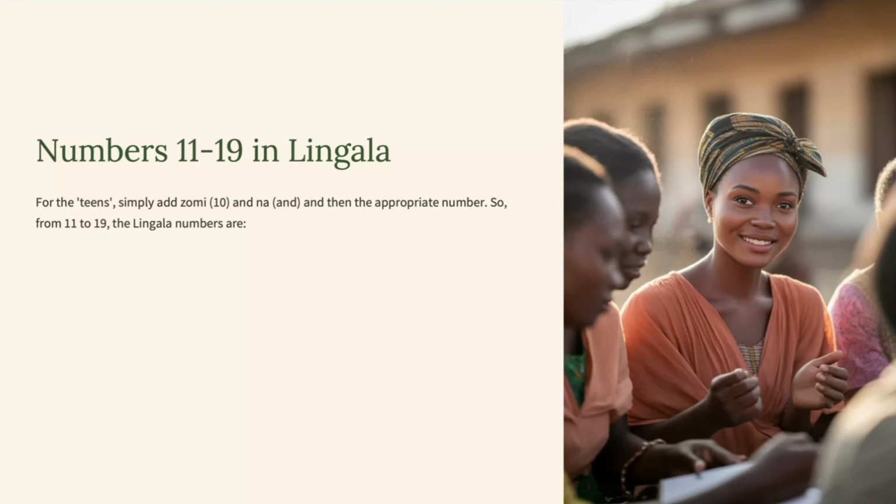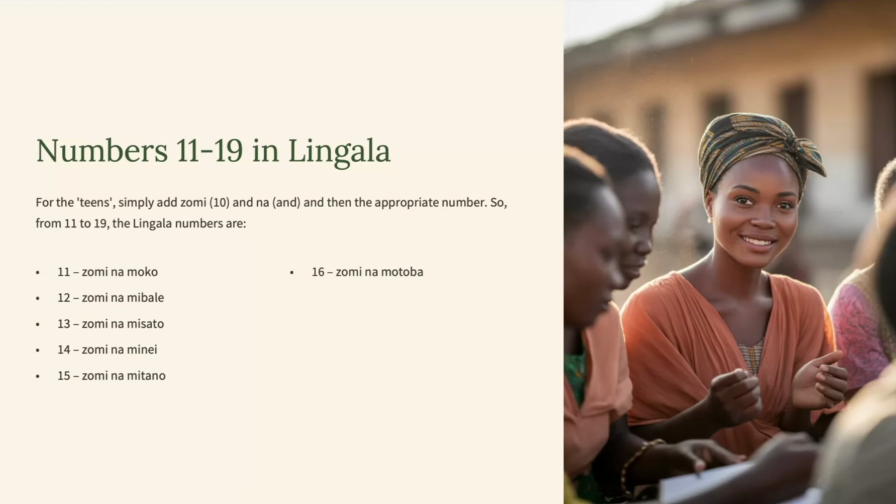So from 11 to 19, the Lingala numbers are Zomi na Moko, Zomi na Mibale, Zomi na Misato, Zomi na Mine, Zomi na Mitano, Zomi na Motoba, Zomi na Nsambo, Zomi na Mwambe, Zomi na Libwa.